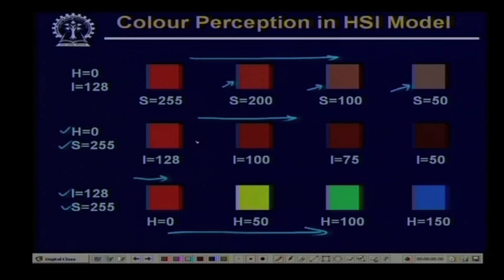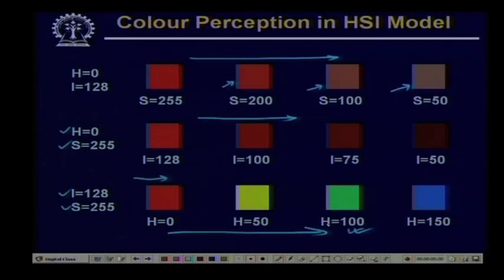In the second row the intensity is getting changed, but in the third row, keeping the intensity and saturation the same, we change the hue component, and it is the color itself that gets changed. So, here you find that when hue is equal to 100, it is the green color. When hue is equal to 150, it is the blue color, whereas when hue is equal to 50, it is a color between yellow and green.